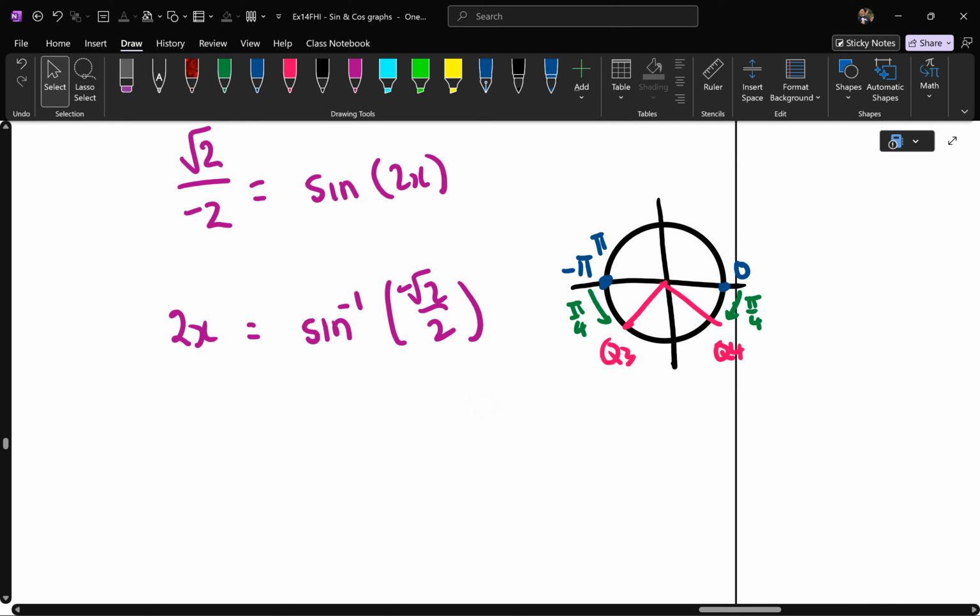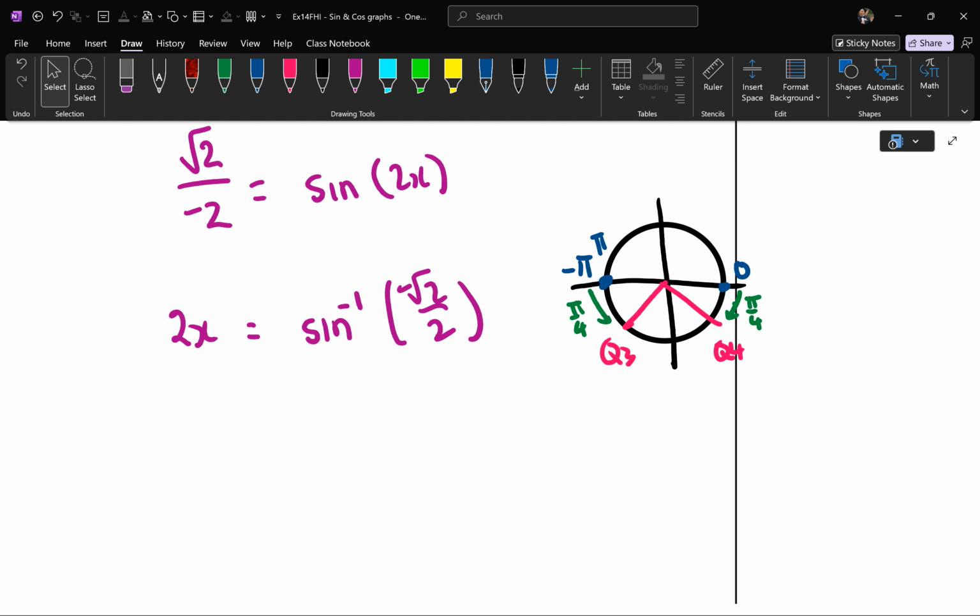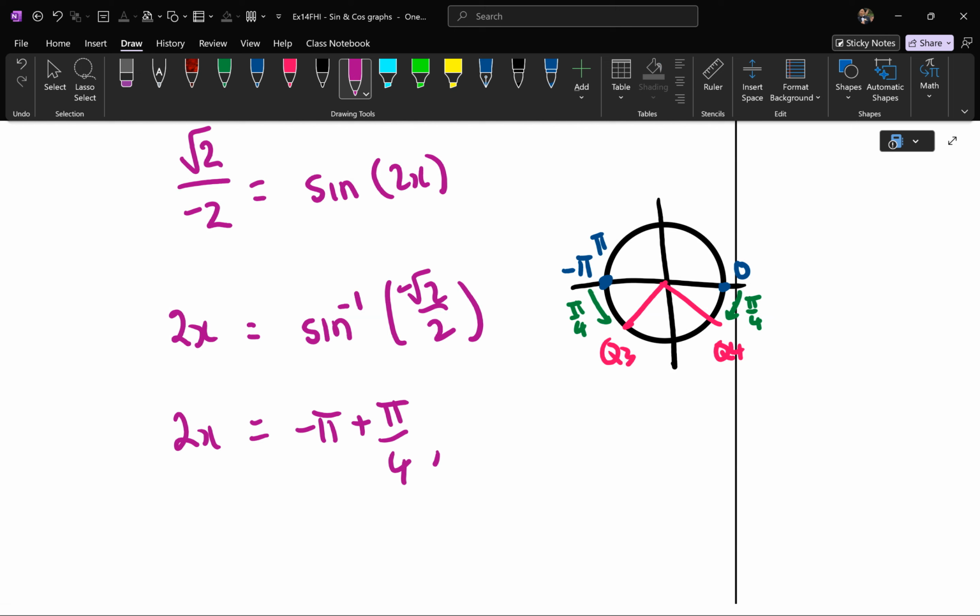Yes, you're right. From negative pi, you rotate clockwise to get to pi. As you rotate, it's negative pi plus pi on 4. So we've got so far 2x can equal negative pi plus pi on 4. That's one answer.